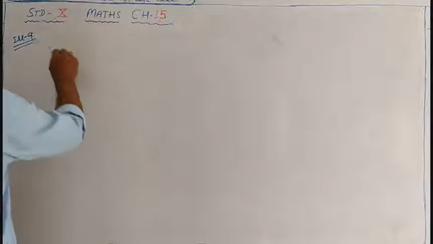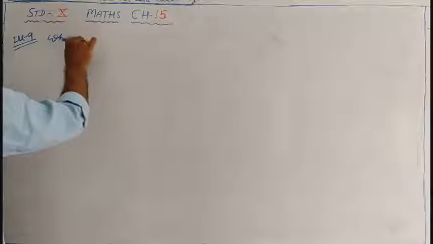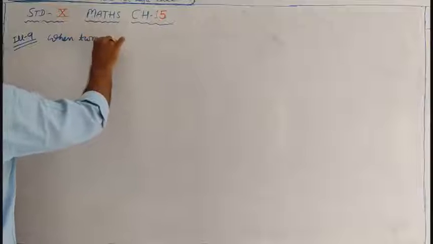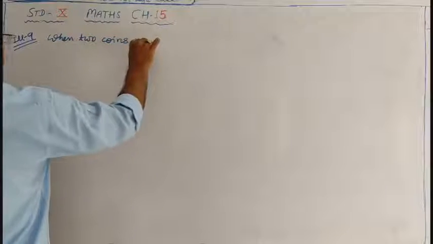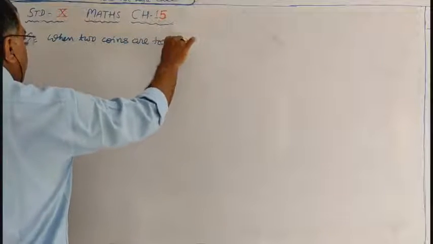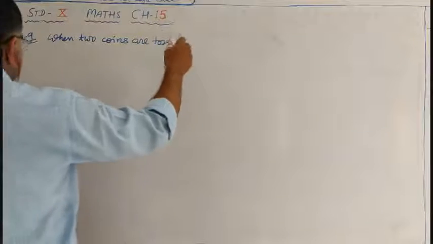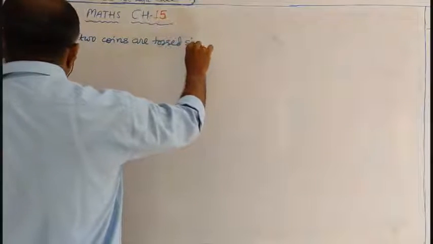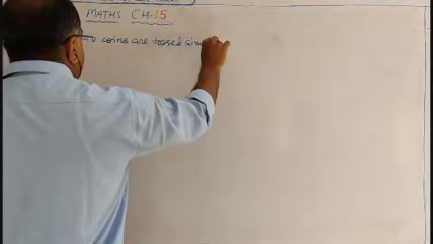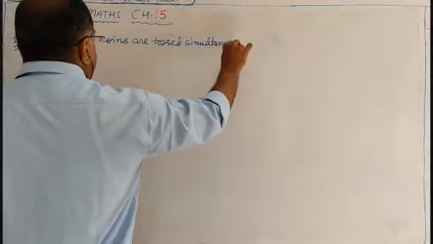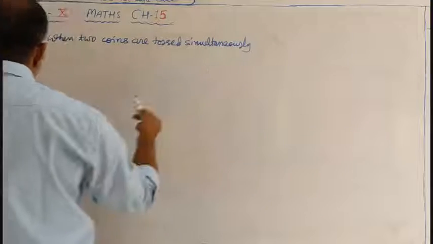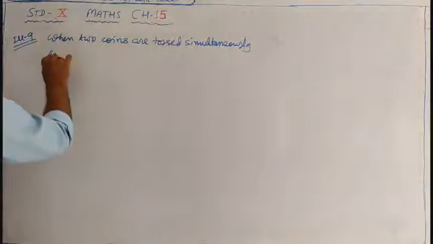So when 2 different coins are tossed simultaneously, what happens?